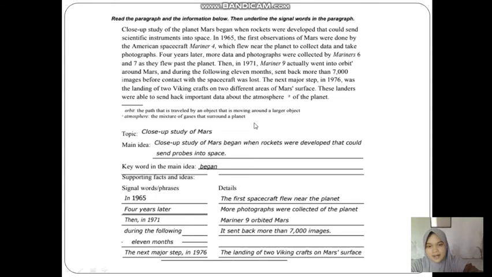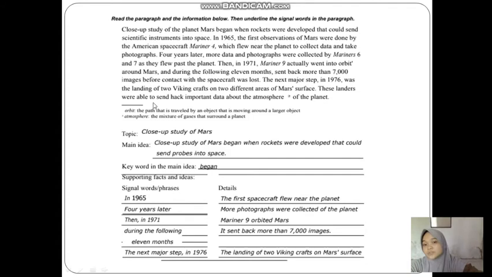This is a paragraph. The topic is close-up study of Mars. The main idea is close-up study of Mars began when rockets were developed that could send probes into space.